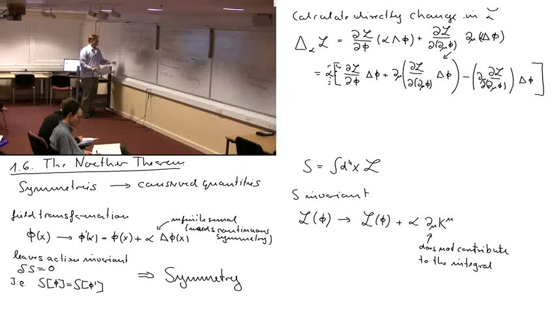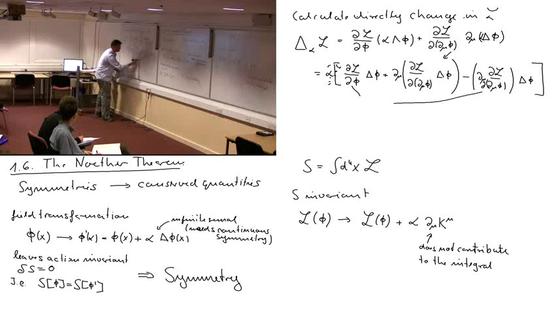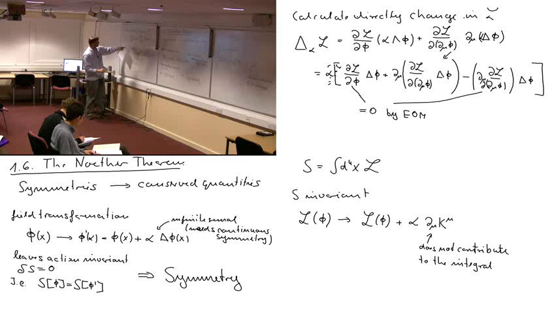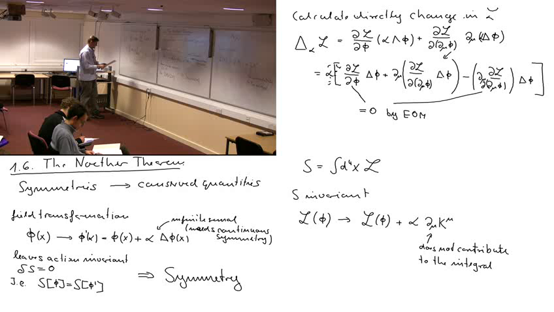Now, if we look at it, this term and this term together are simply our equation of motion multiplied by delta phi. So these terms together equal 0 by the equation of motion. So this is just dL by d phi minus d mu dL by d d mu phi. That's just the equation of motion, or the Euler-Lagrange equation.